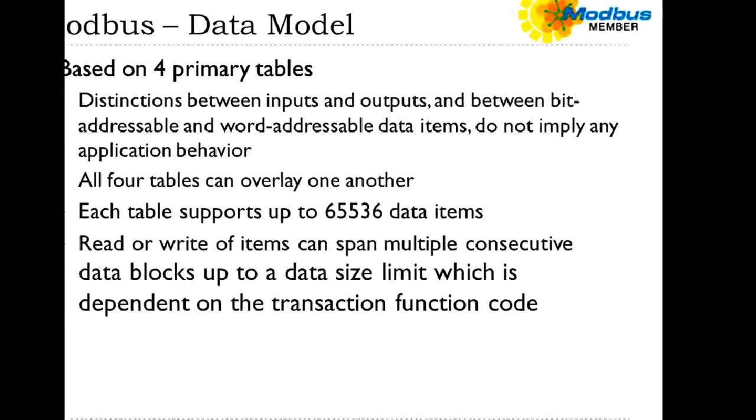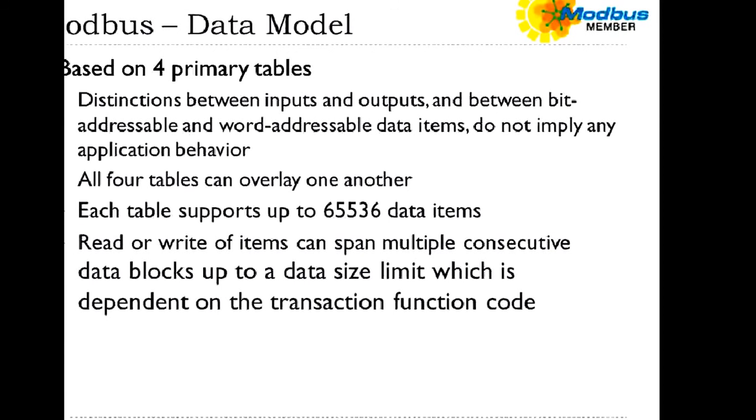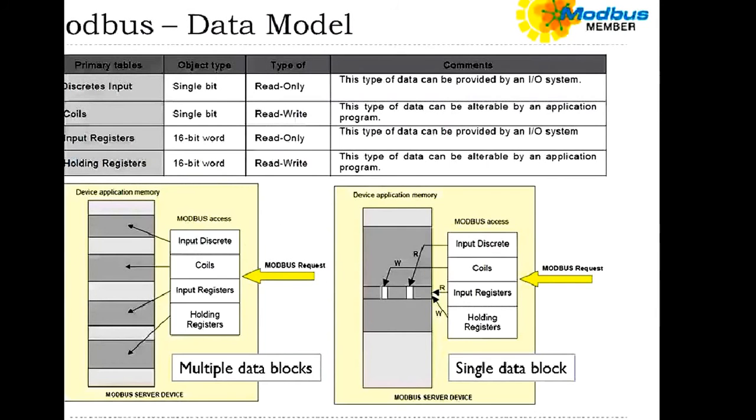They just offer a different way of accessing the same data. And since we sometimes have data which are larger than 8 bits or 16 bits, the items can span multiple registers. So if I have a 64-bit item, I span 4 registers. Okay. So this is an example.